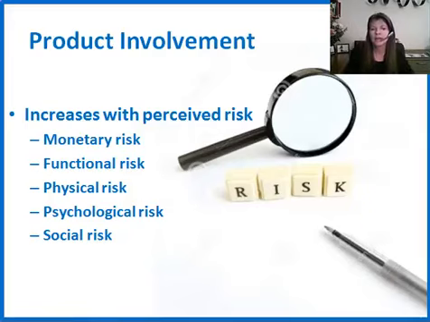So the social risk would be buying something that is not connecting you with your reference group. A number of different factors here are involved in this idea of product involvement. In our next segment, we're going to look at message involvement and situational involvement, the other two factors that can affect those.